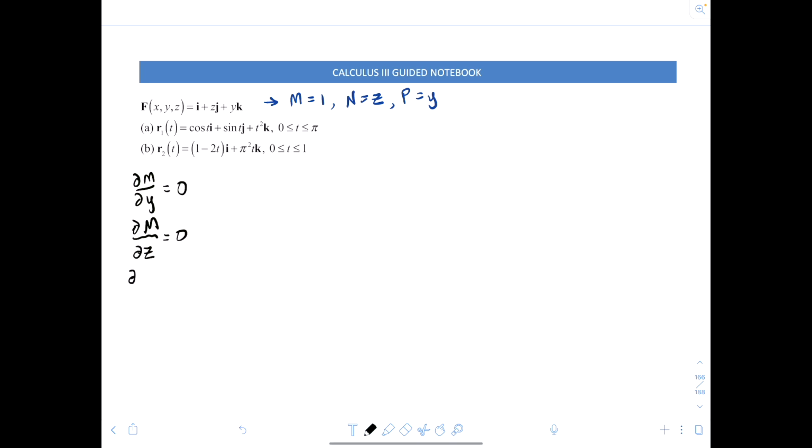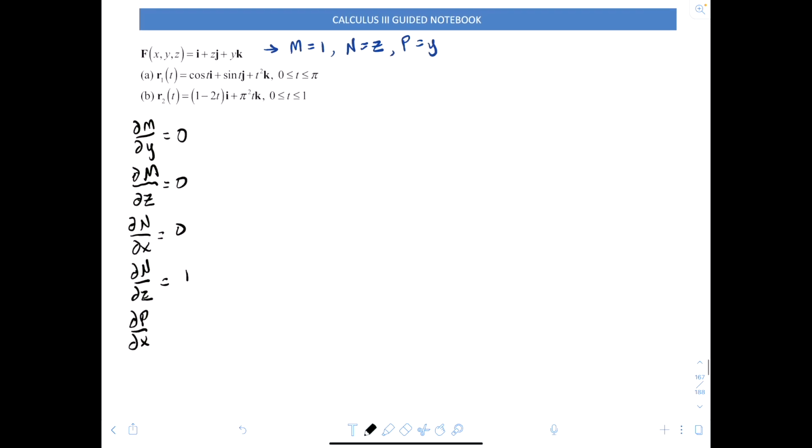The first partial of N with respect to x is equal to 0. The first partial of N with respect to z is equal to 1. The first partial of P with respect to x is equal to 0. And the first partial of P with respect to y is equal to 1.